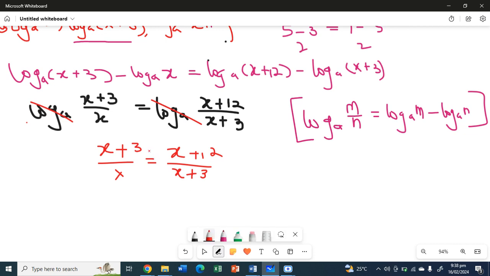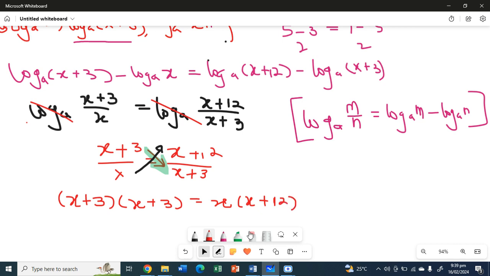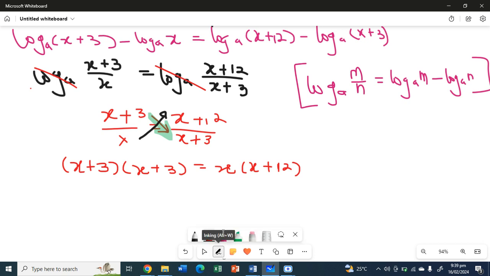So we'll cross multiply first. We're going to say (x+3) times (x+3), and then we're going to multiply x by (x+12). Okay, so we expand on both sides.